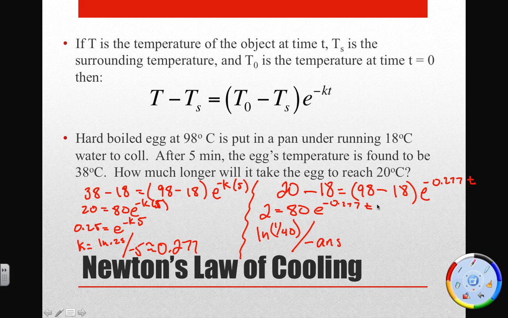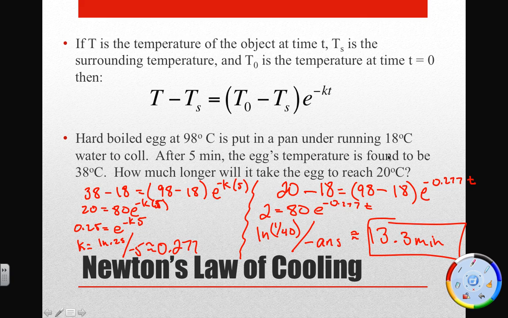Use the answer button. ln of 1 divided by 40 divided by negative answer, I get approximately 13.3, sorry, not seconds. I don't know why I wrote that. Minutes. Approximately 13 minutes later, it will go to 20 degrees.